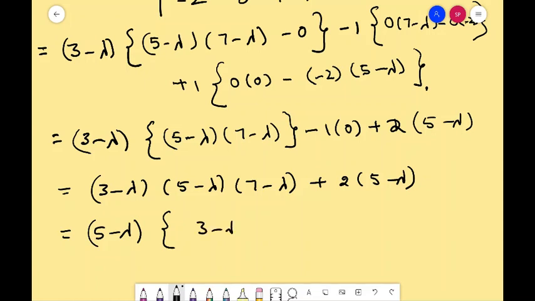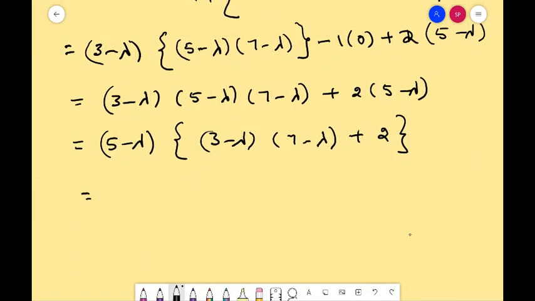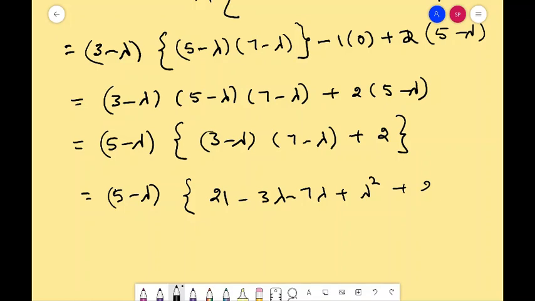So it will be (3 minus lambda) into (7 minus lambda) plus 2. So this will be (5 minus lambda) into 21 minus 3 lambda minus 7 lambda plus lambda square plus 2. This is equal to (5 minus lambda) into lambda square minus 10 lambda plus 23.